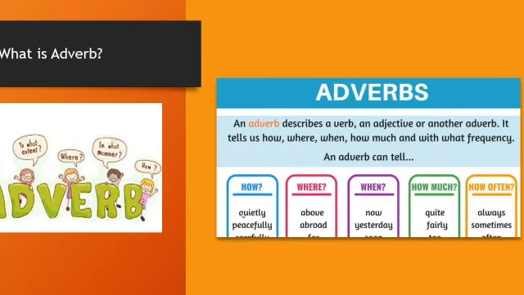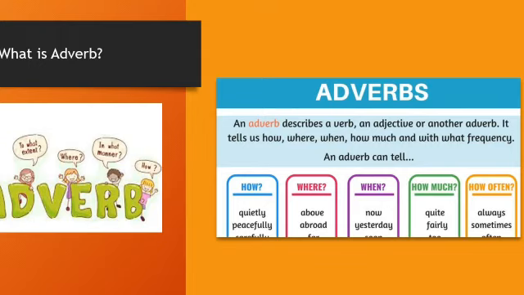Here are some examples. How we can show that something has happened quietly or peacefully. Means ये हमें बताता है कि कोई चीज़ सुकून से हुई या आराम से हो गई. Where, कहाँ पर. Above, abroad, far, near. When, कब, किस वक्त. Now, yesterday, tomorrow, today. All these.